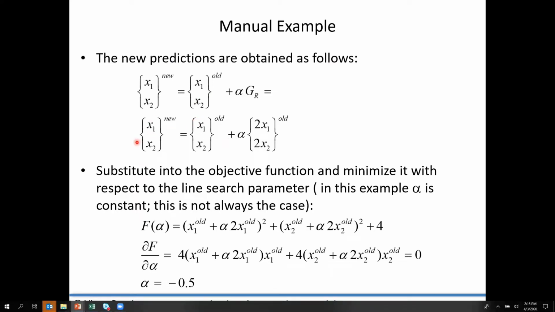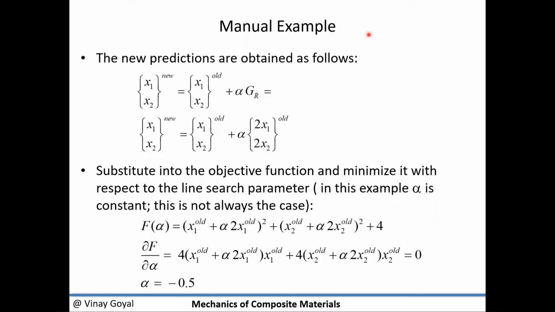And so now I can substitute this new value of X into this equation here. Normally this will be a guess, for example 3, 3. You plug it in here, and then minimize f relative to alpha, and set that equal to 0.